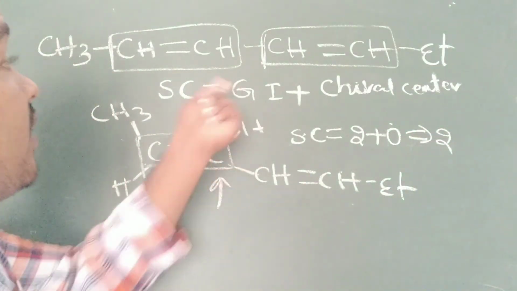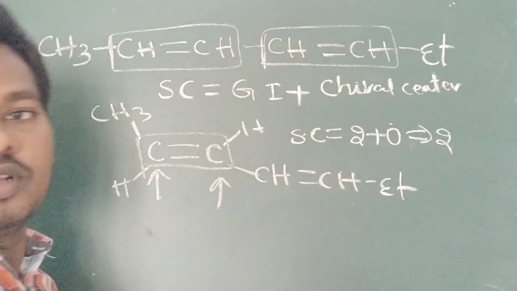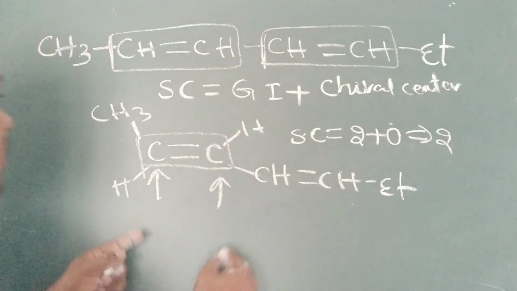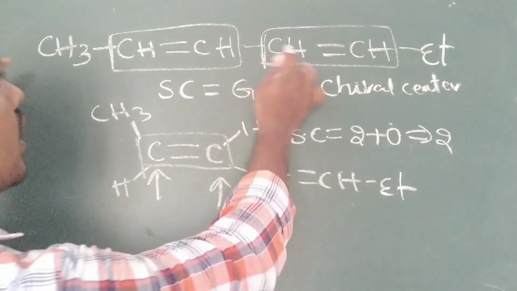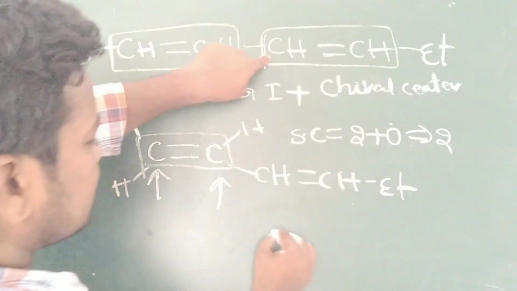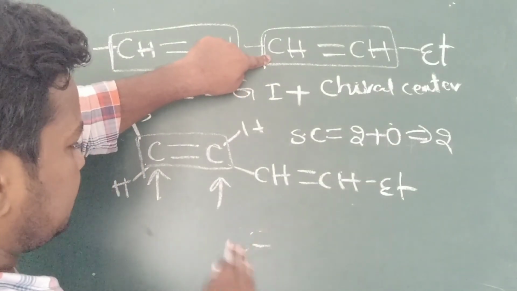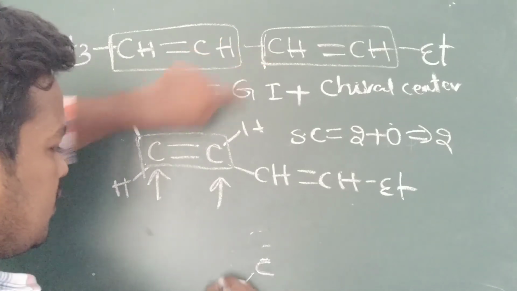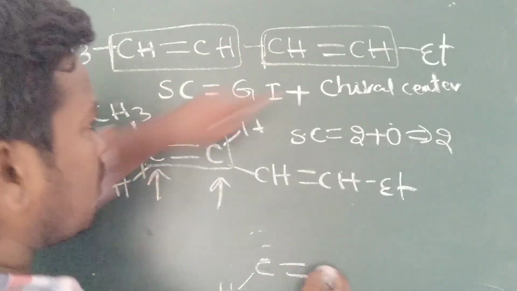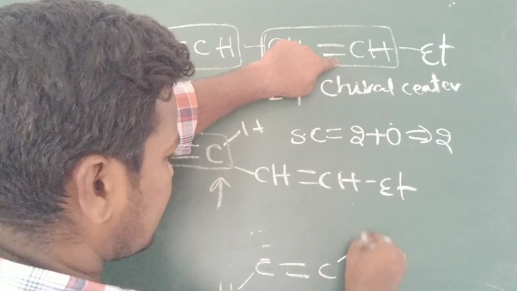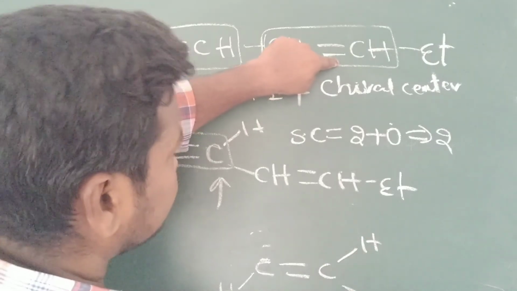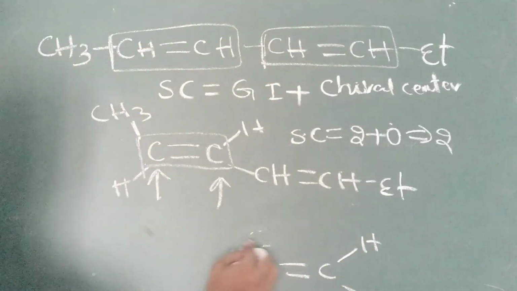But they are asking about the entire molecule. In the sense of the entire molecule, you can write like this also, no? Now you can take this double bonded system, CH double bond CH Et. Total will be like one group.